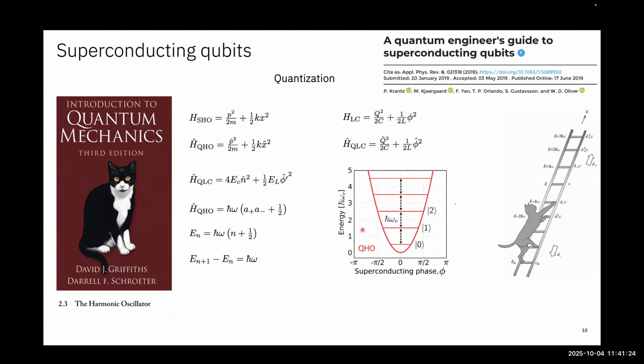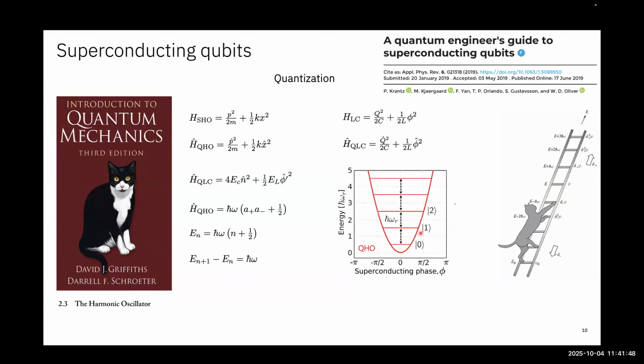So we can represent this in a more formal way by showing the energy levels. These are the energy levels, and the difference between each energy level is the same. So what we really want is a two-level system. We want 0 and 1 to form our qubit.